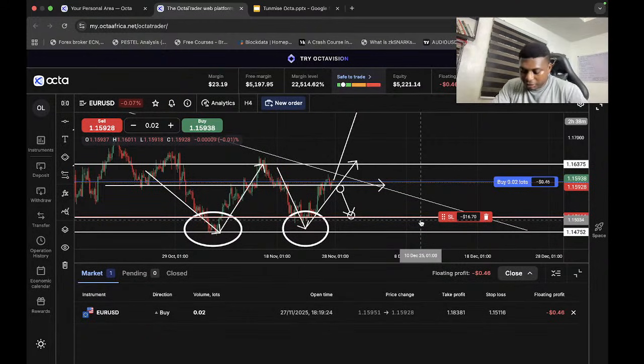Any other suggestion? Okay. So another person has said we should look at the gold market. So we are going to have a look at the gold market now.